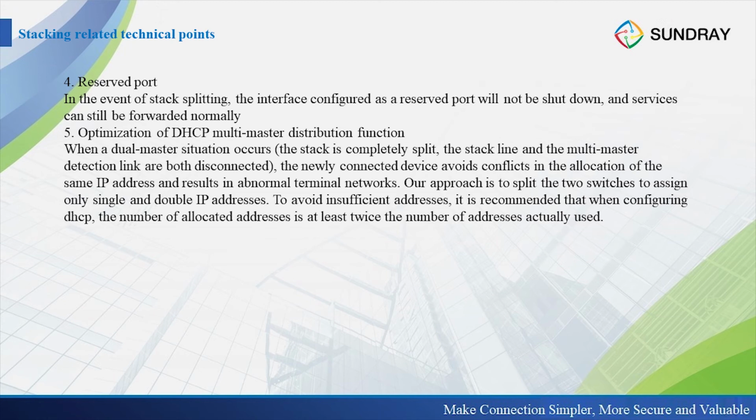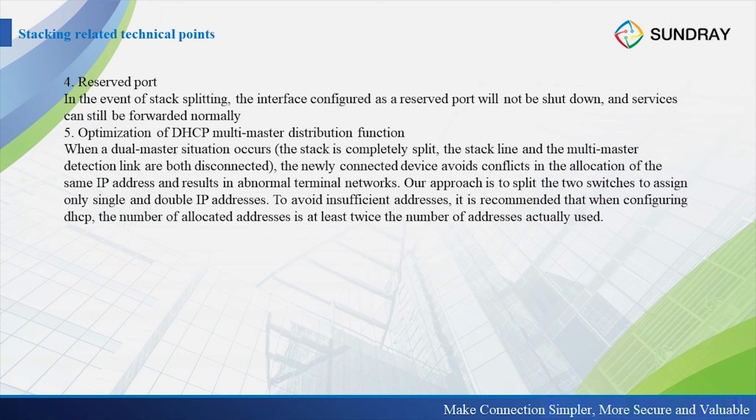For the optimization of the DHCP multi-master distribution function, it can optimize the situation when a dual master occurs, where the stack is completely split and the stack line and the multi-master detection link are both disconnected.